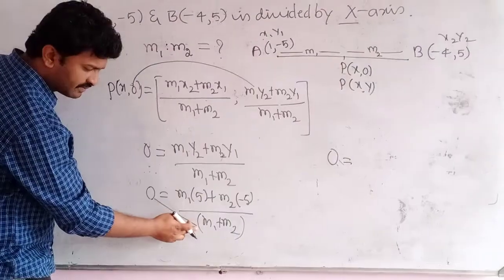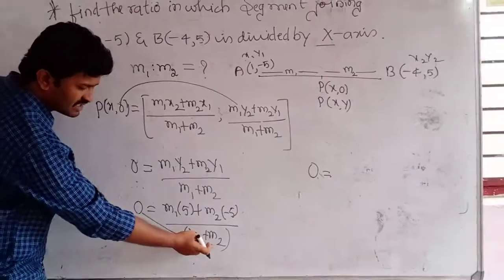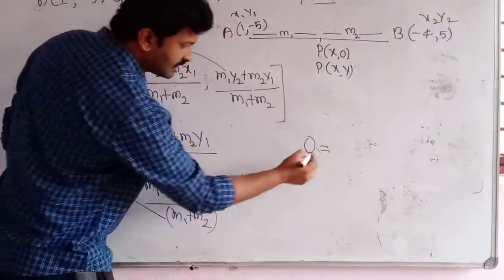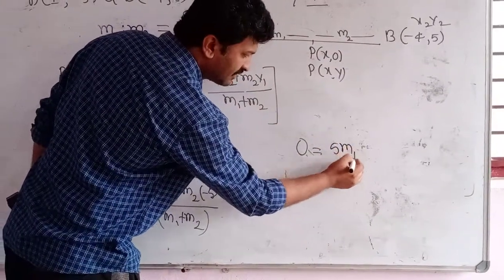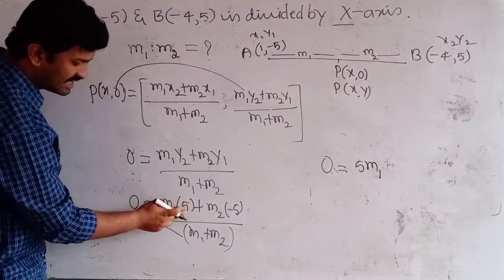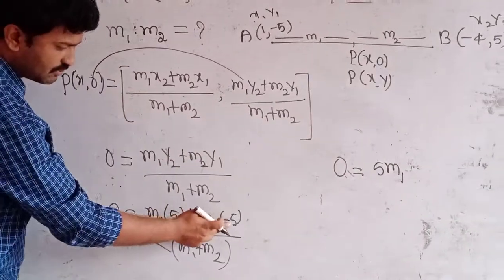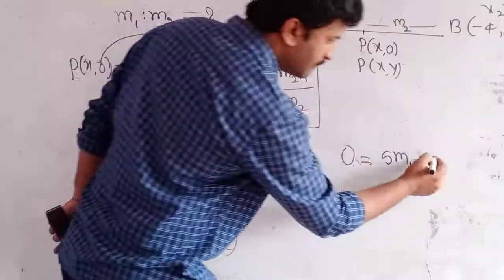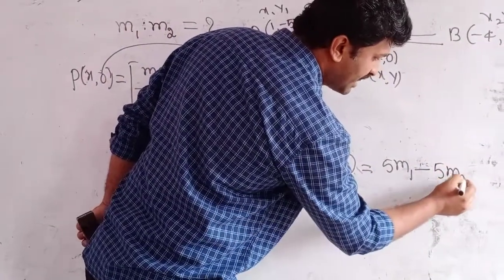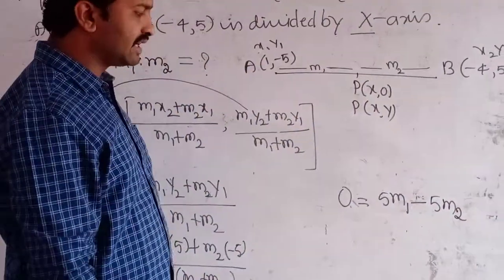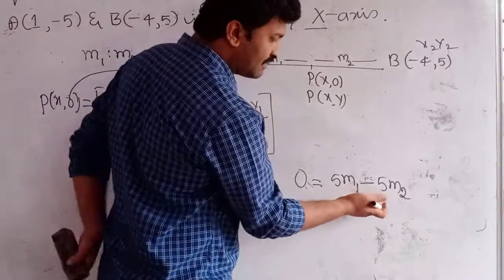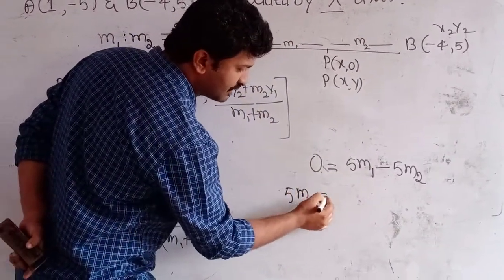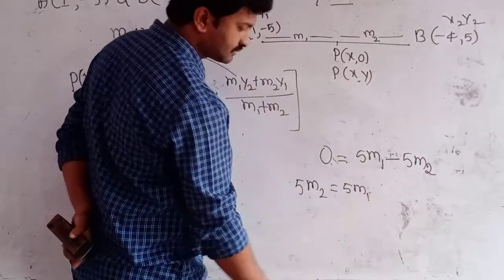Anything into 0 is 0. What remains is the numerator: m1 into 5 is 5m1, plus m2 into minus 5 is minus 5m2. Now take this minus 5m2 to the other side, it becomes plus 5m2 equals 5m1.